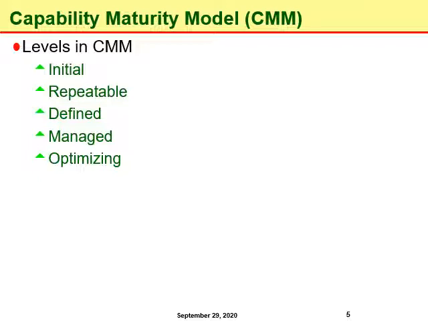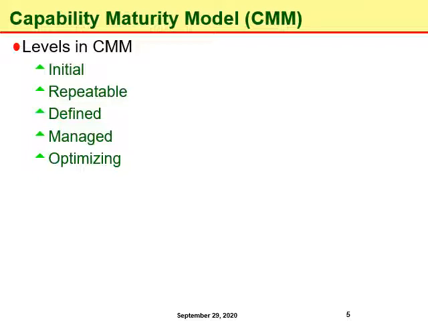Then the second level is repeatable. At this level, basic project management techniques are established, and successful practices could be repeated, because the required processes would have been established, defined, and documented.